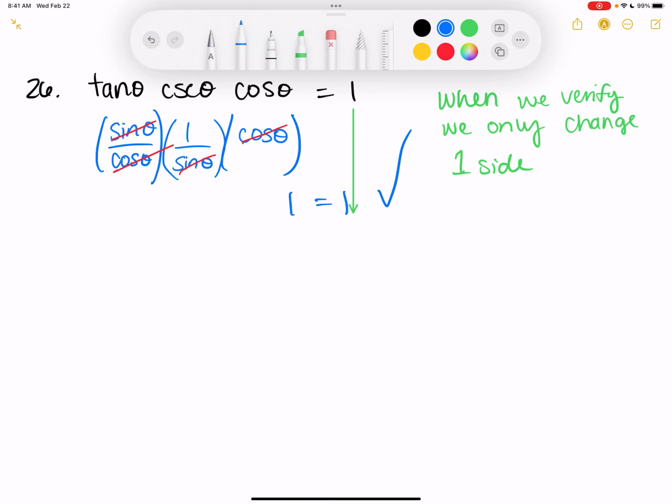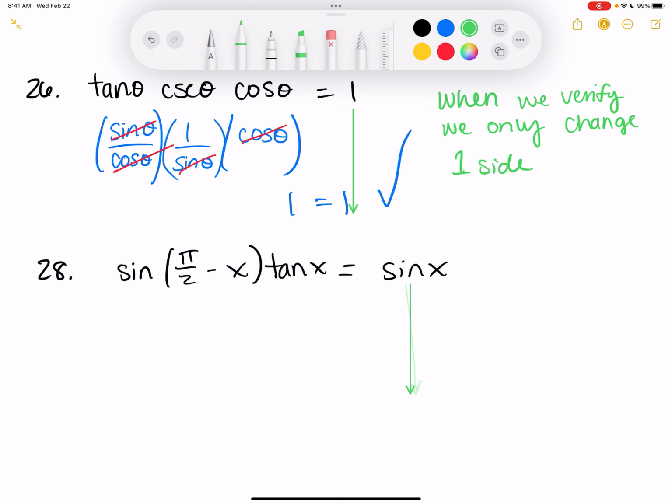All right, let's see. 28. Sine of pi over 2 minus x times tangent of x is equal to sine of x. So again, I'm going to bring this sine of x down. So I want to rewrite stuff.